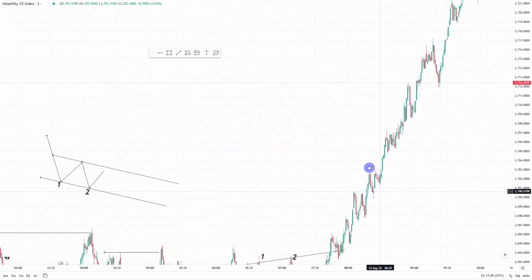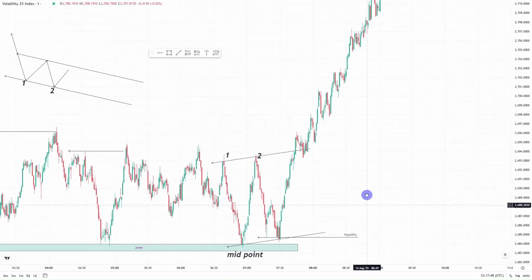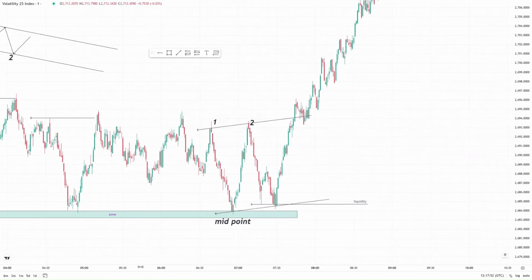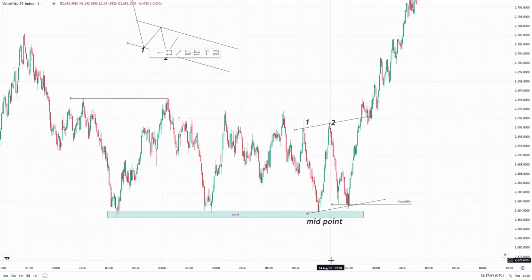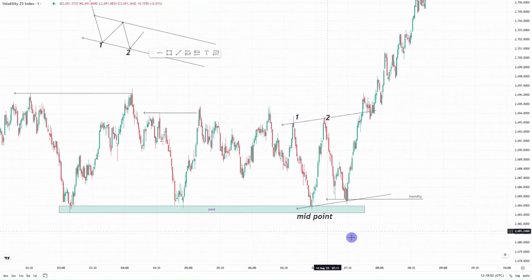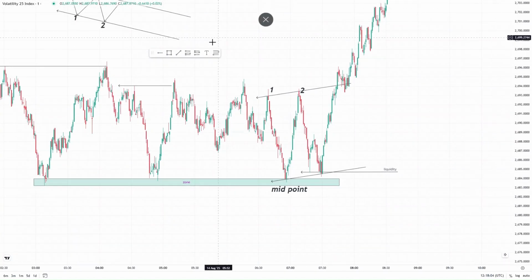Notice that's not chance. It knows what it's doing. It's trying to confuse the trader, right? But if you understand this zone, and notice how this low right here was also taken out. This one right here was also taken out.